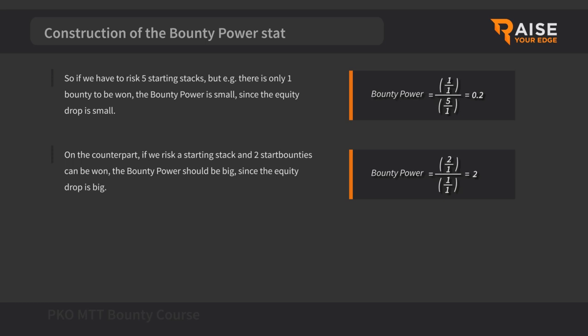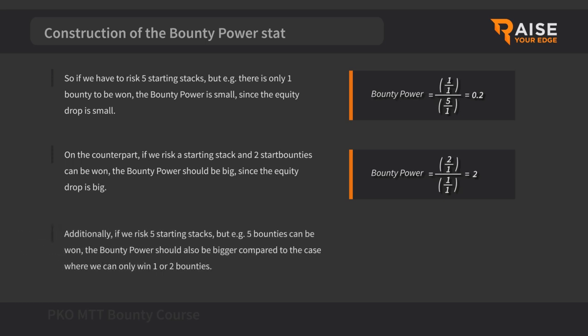And our third condition was that if we are risking the same amount of starting stacks for the third scenario and the first scenario, but in the third scenario we can win more bounties, then the bounty power should also be bigger compared to the first scenario. So in this case we are winning 5 starting bounties and we are risking 5 starting stacks, and then the bounty power is 1, which is of course bigger than 0.2.